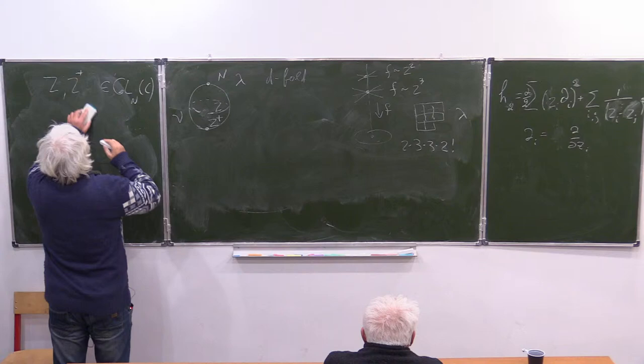A and B will be related to the corners of these one gons.